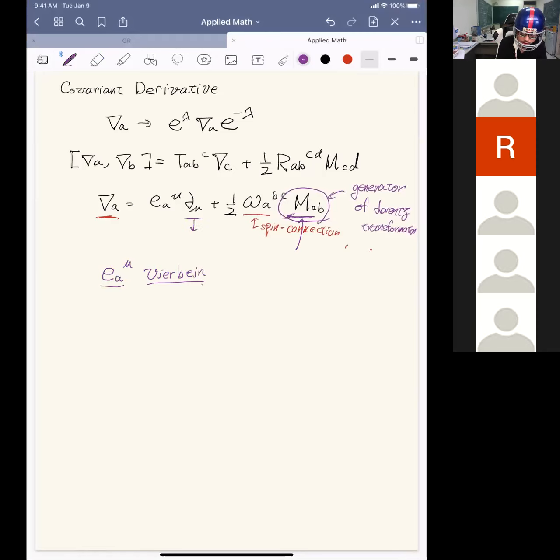So whenever we're trying to construct the covariant derivative, it is always given by the usual derivative plus the gauge field, or the connection, multiplied by the generator.